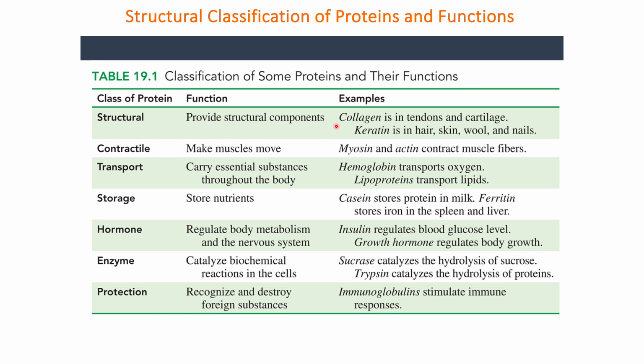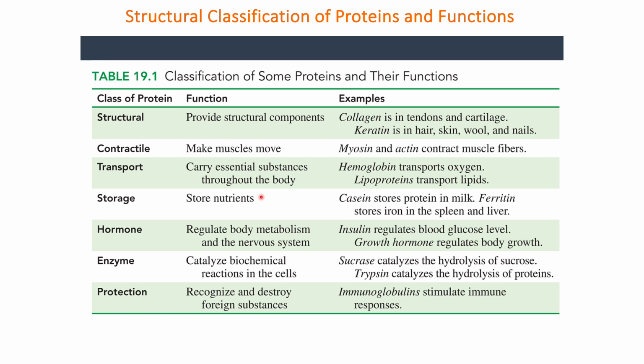For example, collagen is a structural protein that provides structural components. Keratin is another such protein that provides structure to the hair, skin, wool, and nails. And myosin is a contractile protein that makes the muscles move. And like we just saw, hemoglobin helps to transport oxygen, and lipoproteins transport lipids. So they are involved in transport.